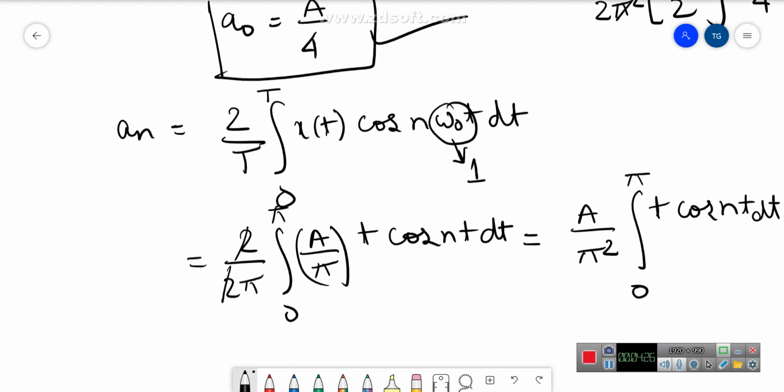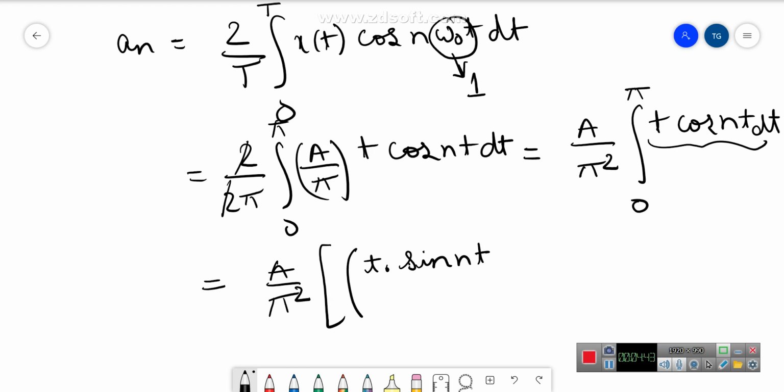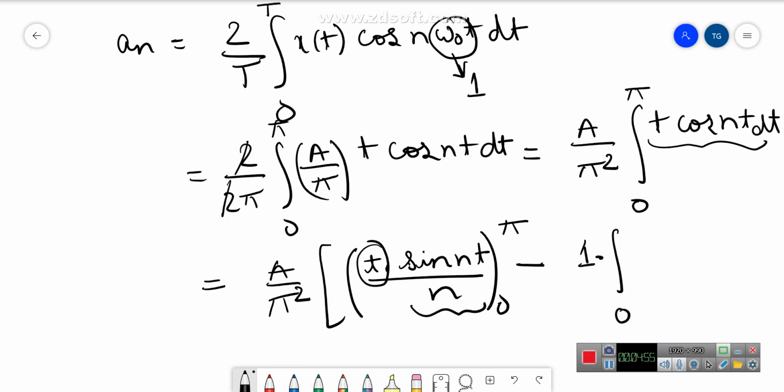So this integration can be solved as A by pi square as it is, and t is kept as it is. We will integrate only the cos term here. This will become sine n t by n from 0 to pi, then minus, we will differentiate this algebraic function, that is t. So this will be 1 into again integration of this term, that is sine n t by n dt.